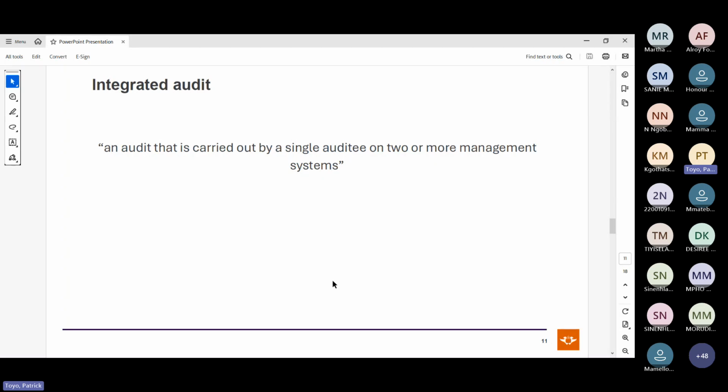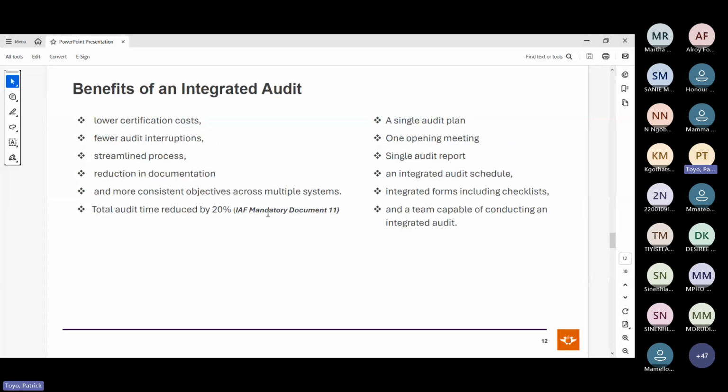So the integrated audit is really an audit that's carried out by that team or that person, but auditing two or more management systems. This is just a definition, and then there are benefits, which we did discuss a couple of times.